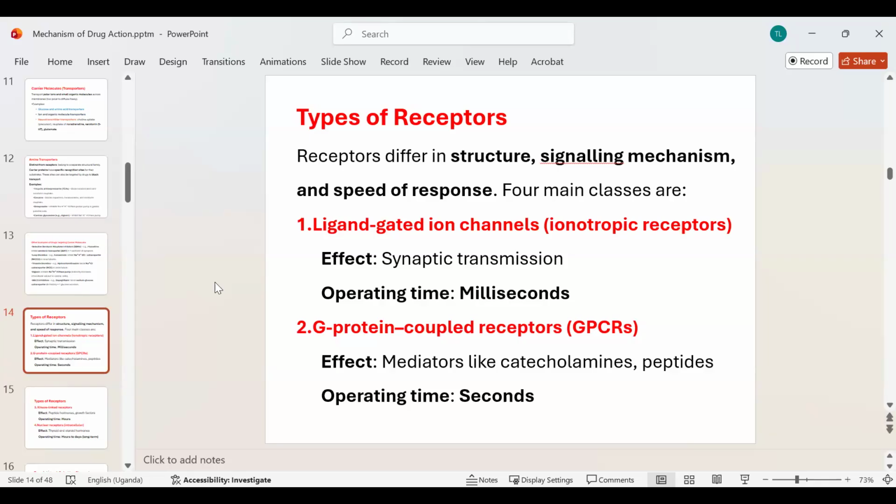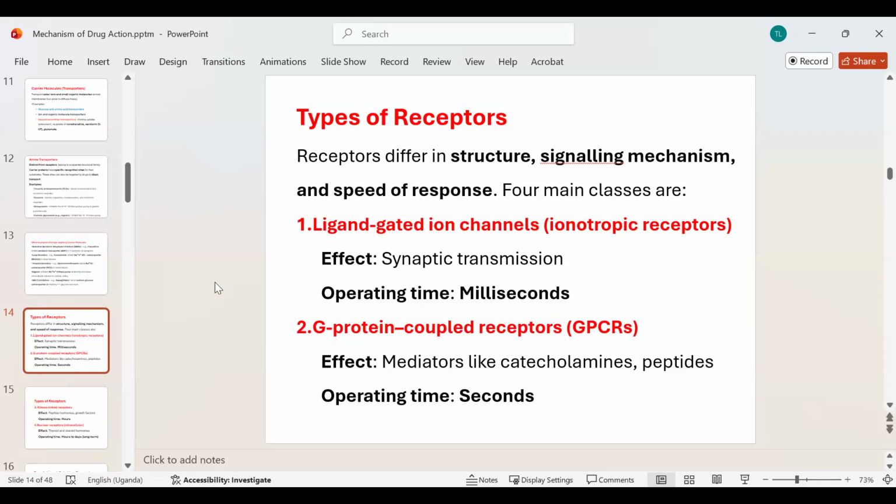For these ones, the mediators are like catecholamines and peptides. These ones operate in seconds. Remember, the first ones operate in milliseconds. They are very fast, and their transmissions are very sharp. These ones, the transmissions are not so fast, but they still do the work.